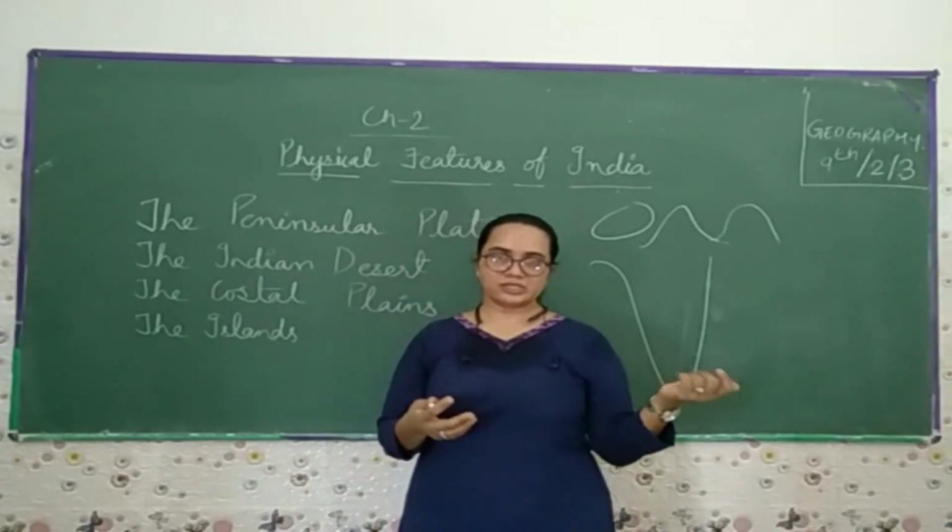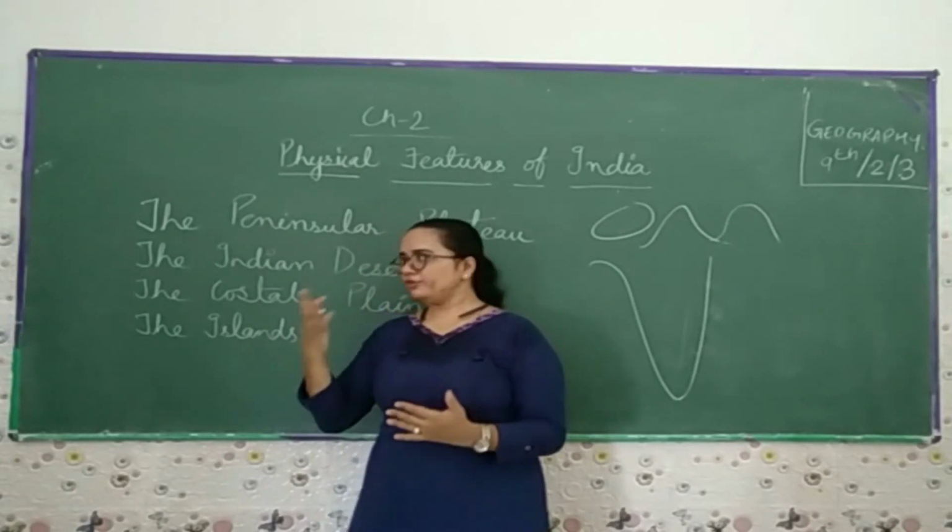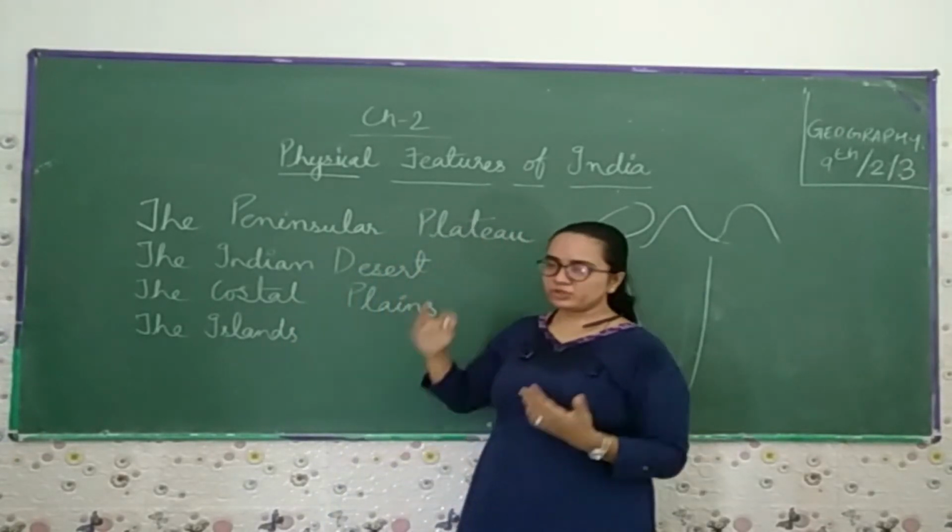There we find the Western Ghats, the Eastern Ghats, and a number of hills. Then we talked about the Indian desert, mostly found in Rajasthan.